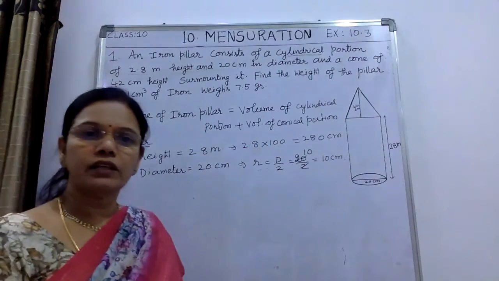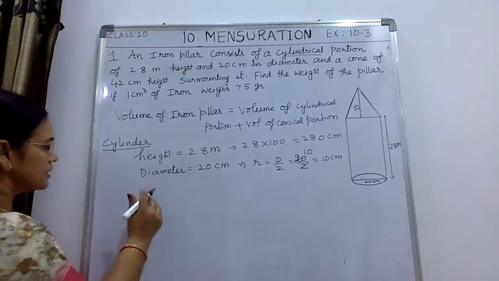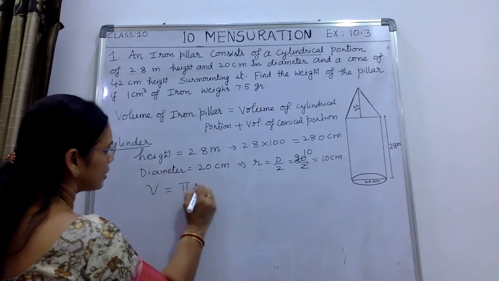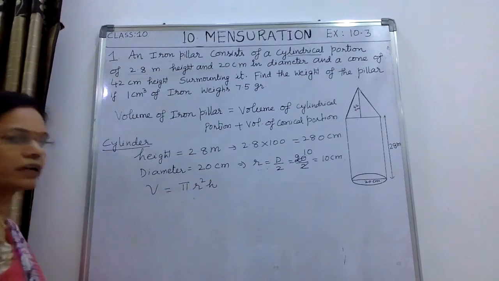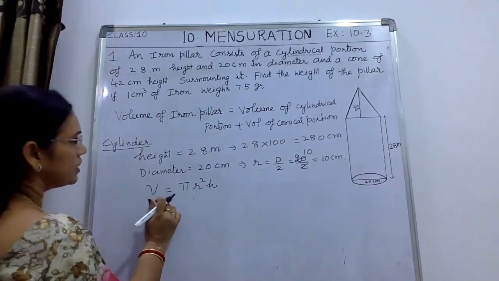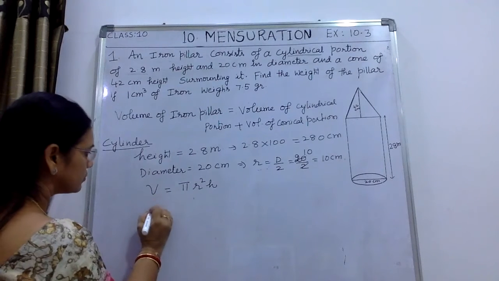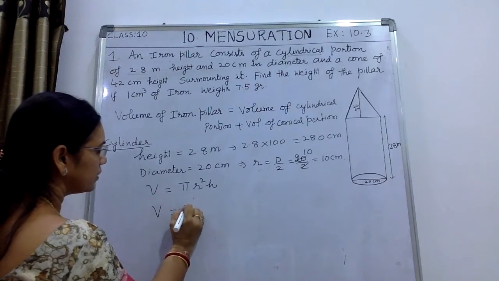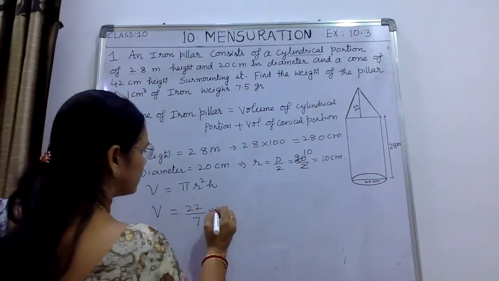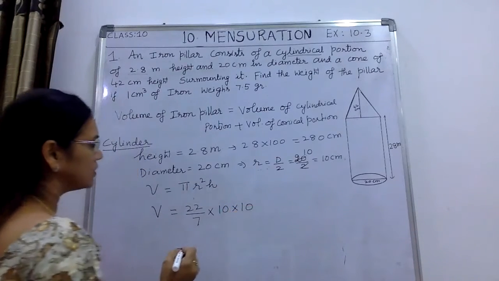What is the formula to find the volume of the cylinder? Yes, V is equal to pi r square h. This is the formula to find the volume of the cylinder. So V is equal to, what is pi? 22 by 7. What is r? 10 centimeters. r square is there, so again we are multiplying with 10.